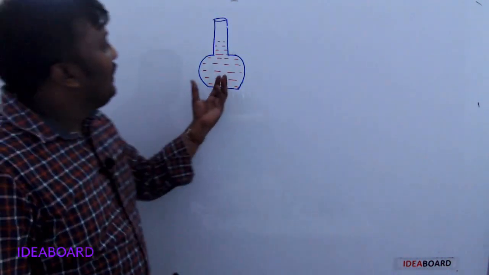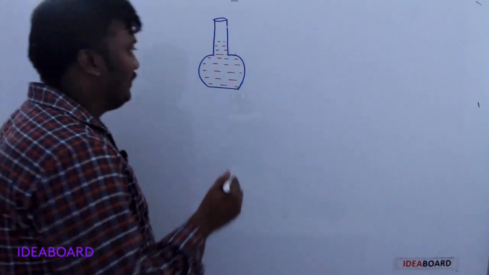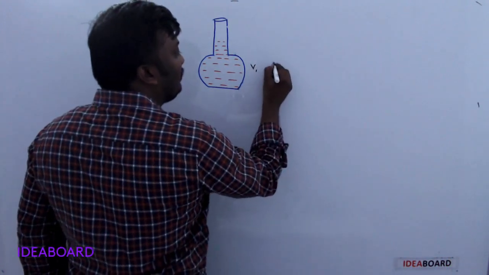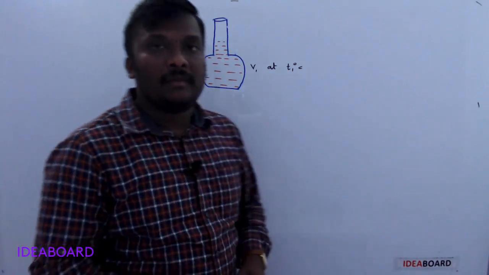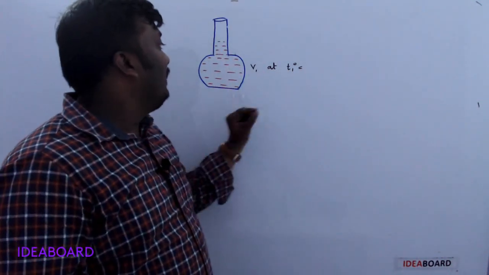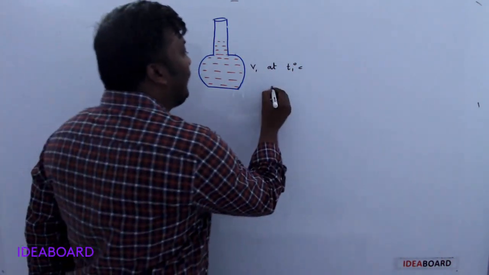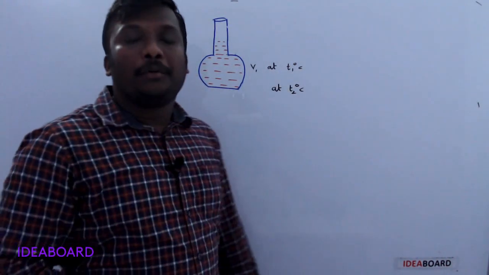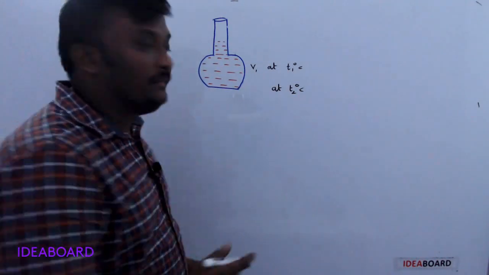Now let us consider a vessel filled with some liquid. Let us imagine the volume of liquid is V1 at T1 degrees Celsius. Now the temperature rises up to T2 degrees Celsius. Then the liquid expands.